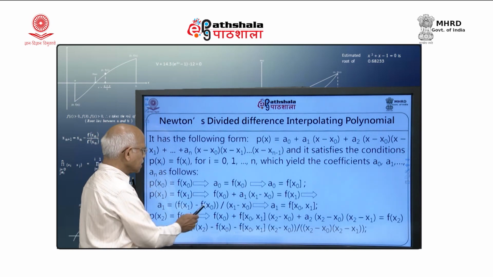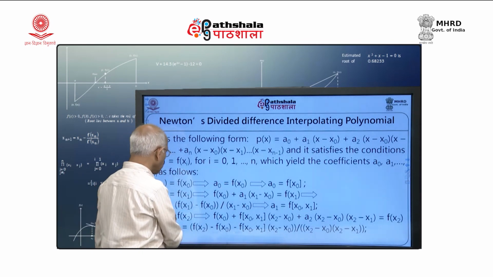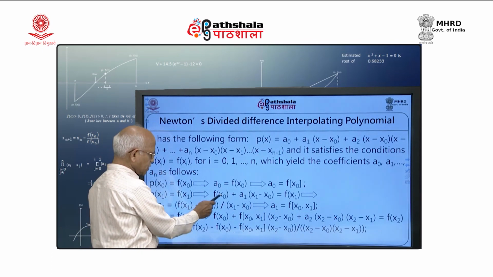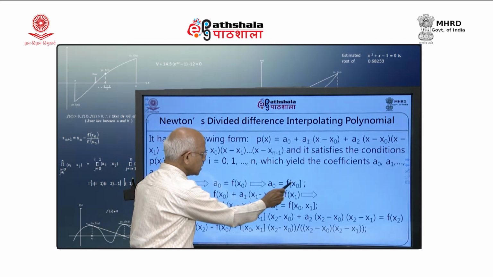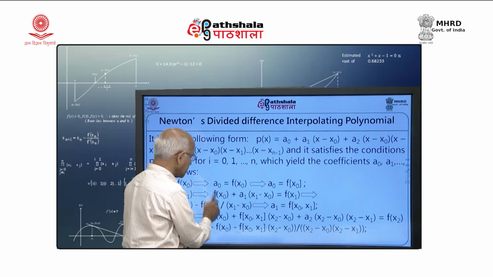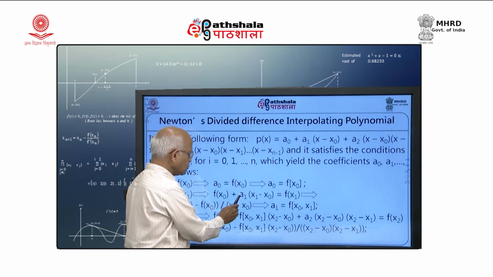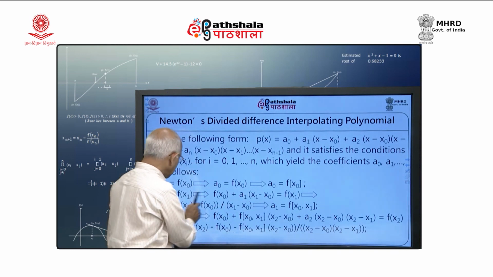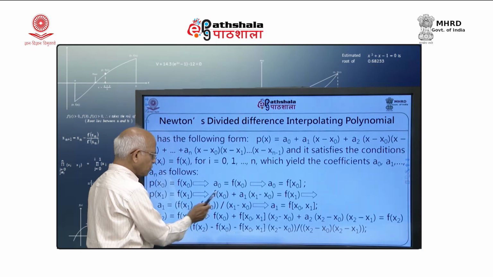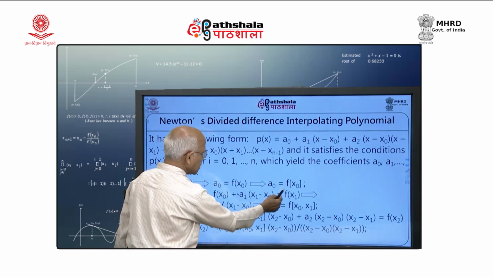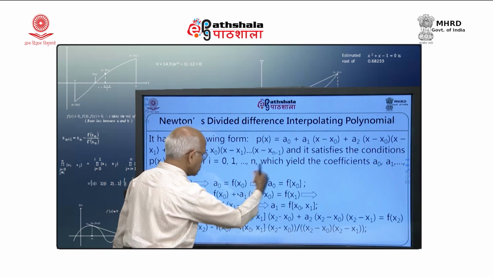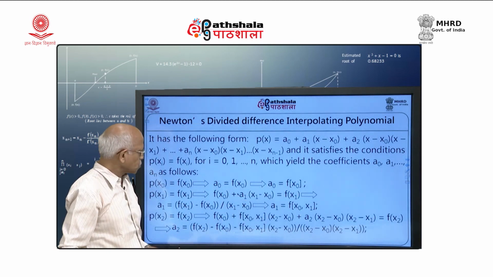I will get the formula like this: f(x0), because a0 is f(x0), plus a1 into (x1 minus x0). a0 has already been determined, and therefore I am writing that value here. So, f(x0) plus a1 into (x1 minus x0) is given by f(x1). And if I want to calculate a1 from there, I get (f(x1) minus f(x0)) upon (x1 minus x0), which is what I will be getting.